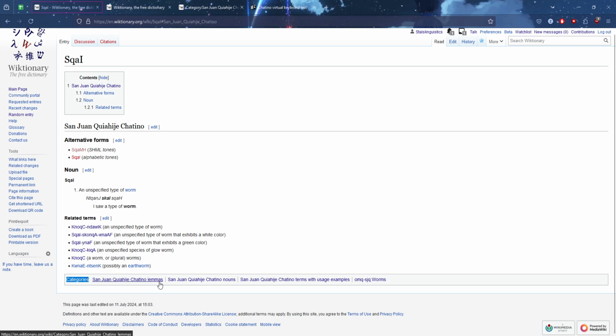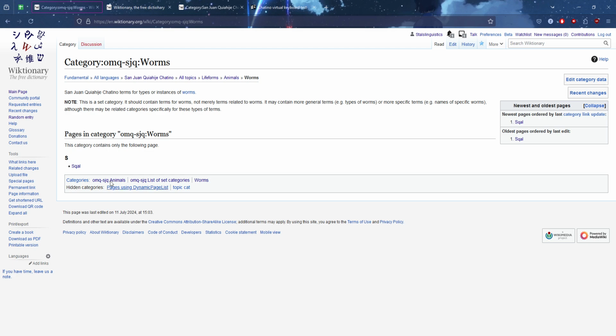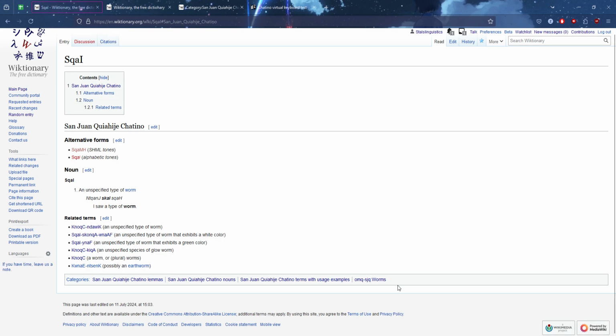You'll have the lemmas, the nouns, and then SJQ Chatino terms with usage examples, which just means that this word has example sentences, as well as the category, which is worms. So if you click on this category, you'll see that this entry is on here, but I need to go back and tag all of these words with the worm category.